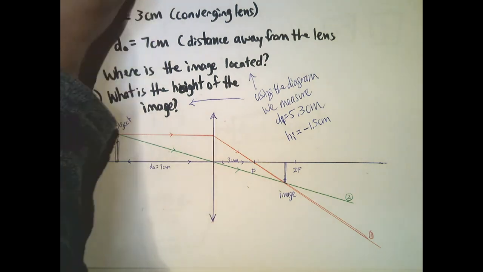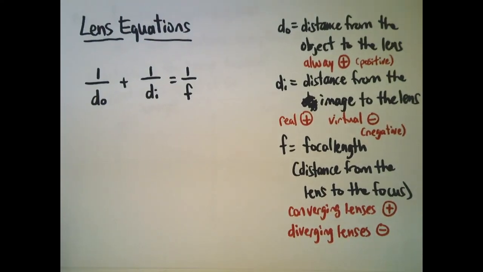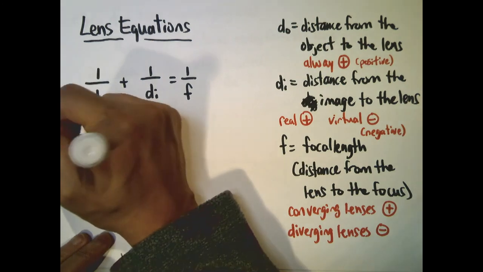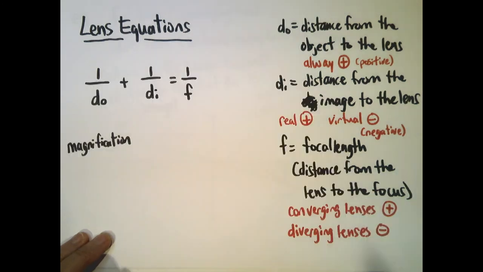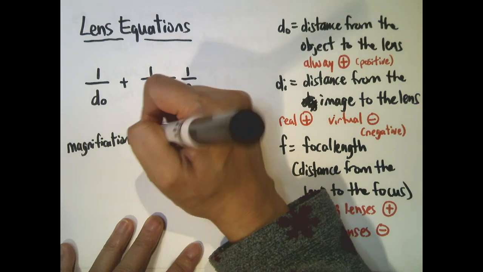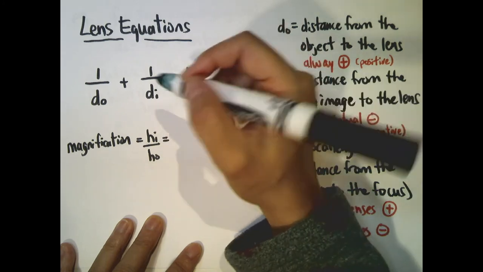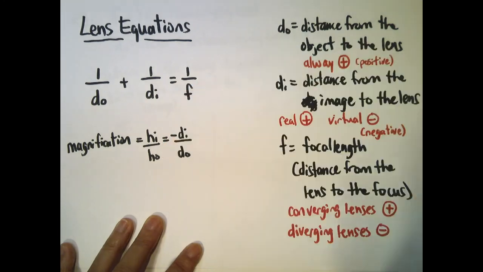All right, so let's go back to the lens equations, because there are technically two of them, and write down the second one. Sometimes we call this equation the magnification equation, or just magnification. So magnification is equal to the height of the image divided by the height of the object, and that is going to equal negative the distance of the image over the distance of the object.